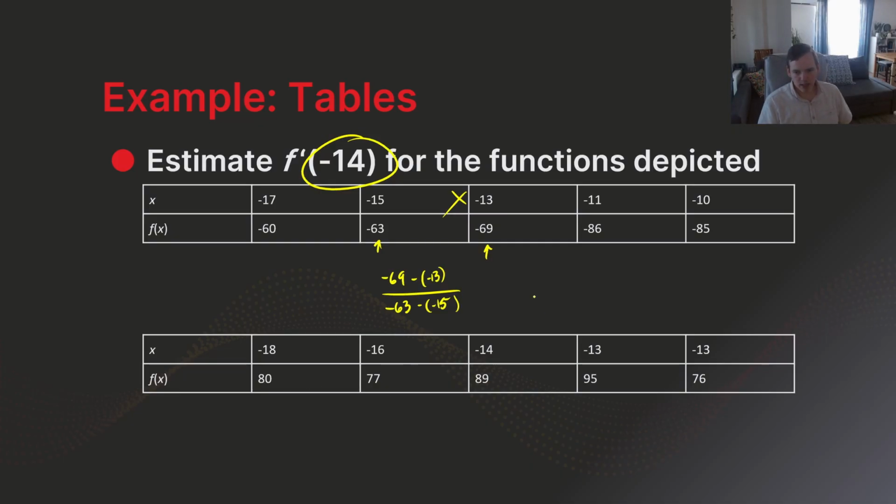Running through that, I'm going to get negative 69, negative 6 on the top. What did I do there? That is completely wrong, sorry. Strike that. It should be negative 69 minus negative 63.